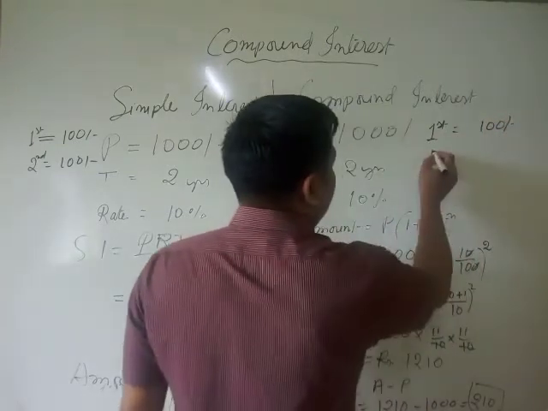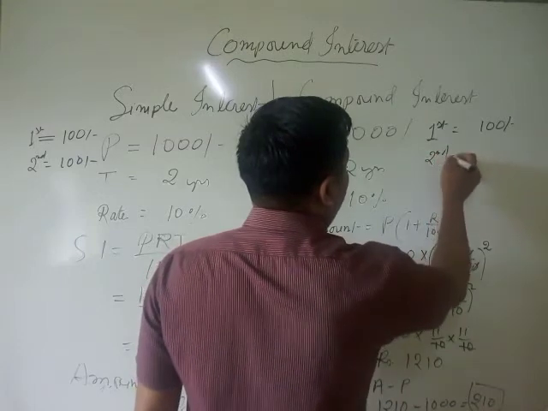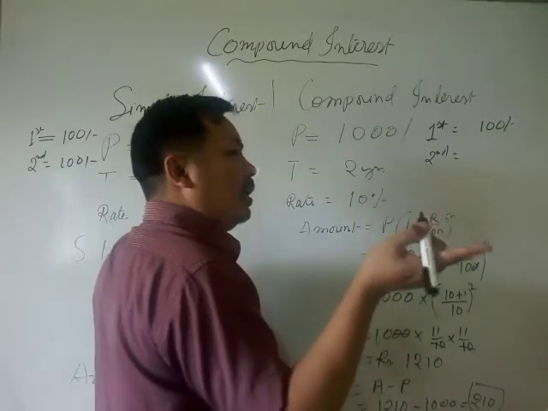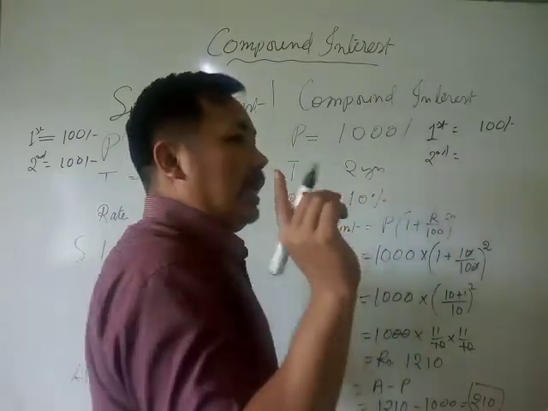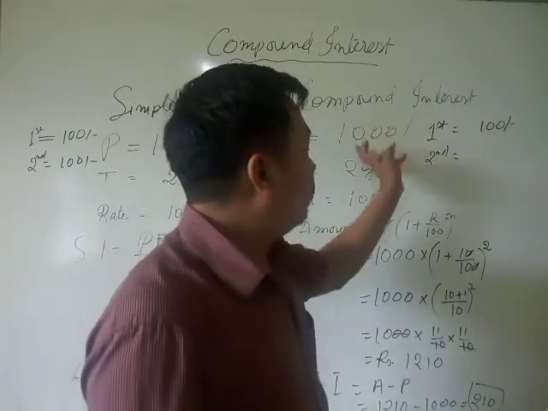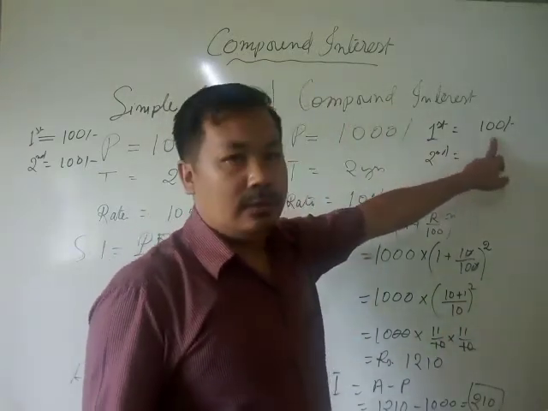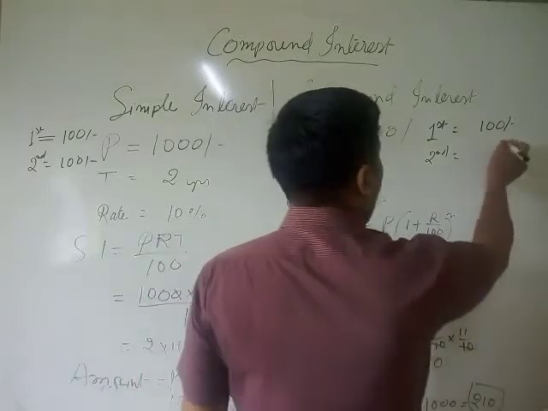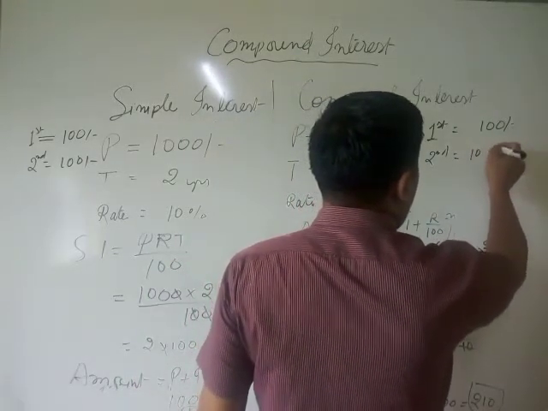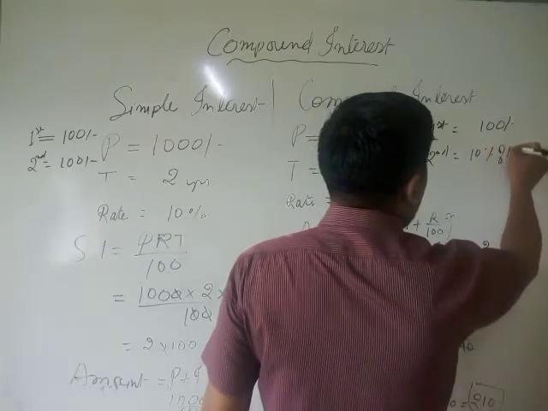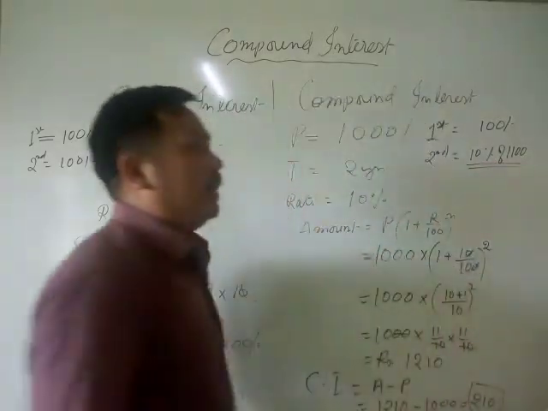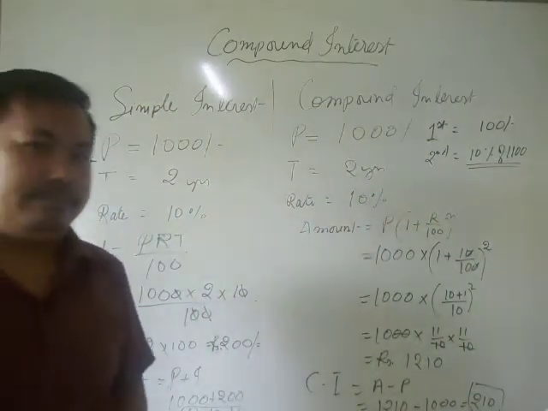First year, but second year what happened? The compound interest will be calculated on the amount of the first year. Amount of the first year will be 1000 plus 100. So this 10% of the amount 1100 will be the interest of the second year.